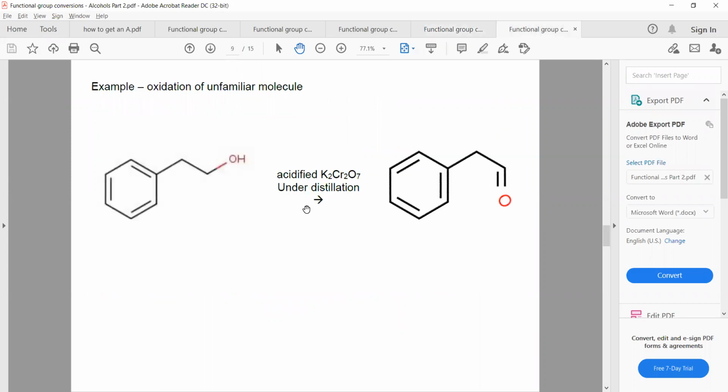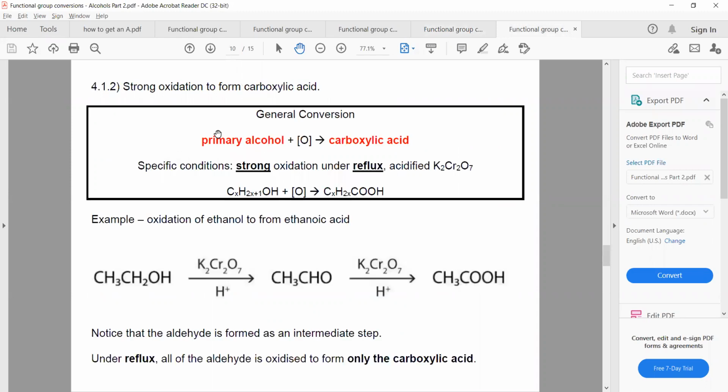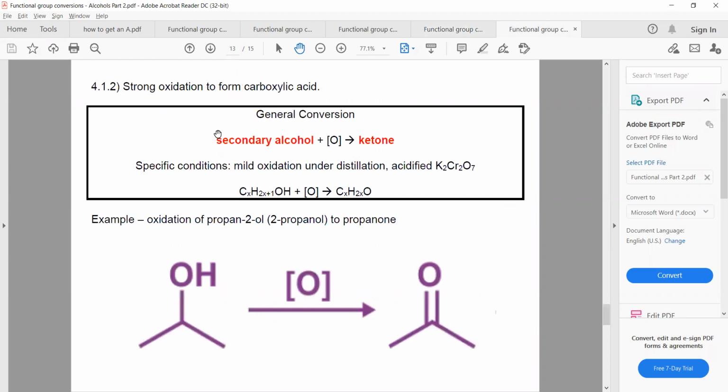So if we look at these examples, we can do all of these in reverse to get the opposite reaction. So if that's an oxidation, then the bottom reaction here would be a reduction. Cool. So oxidation to the right and reduction to the left.